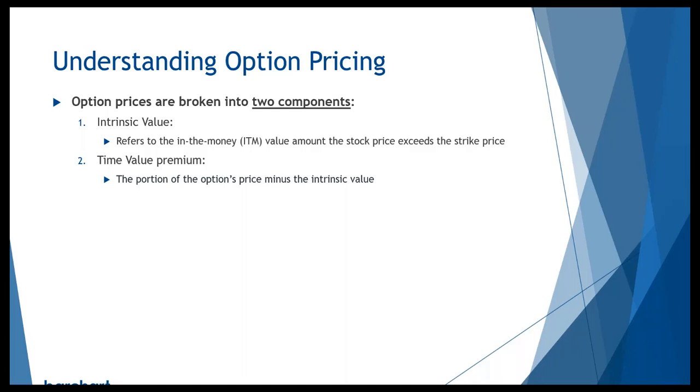Now, some options might have zero intrinsic value. We call those out of the money, OTMs. And what I want you to understand is it's about the time value. It is not only about time or time to expiration, but it represents that excess value.